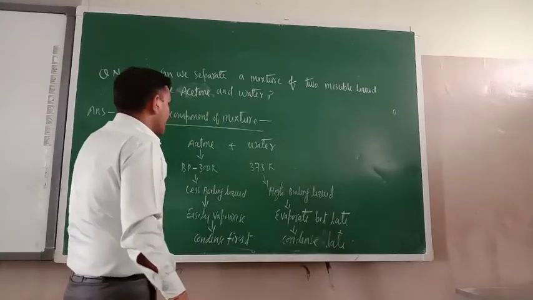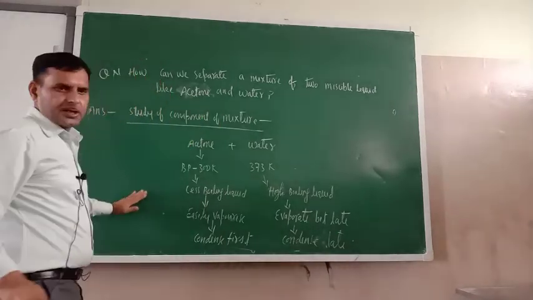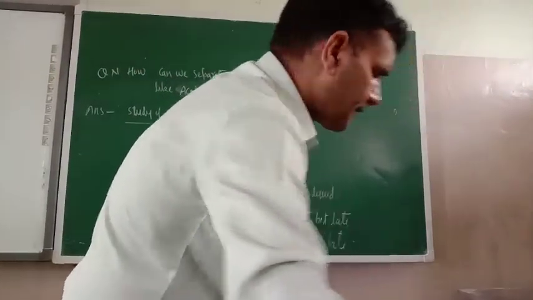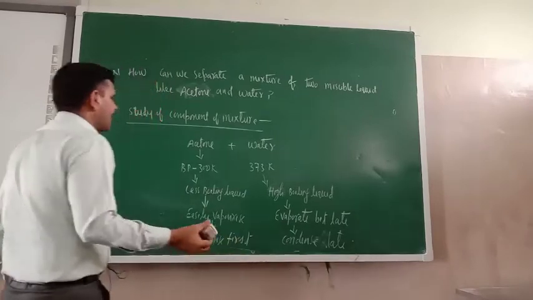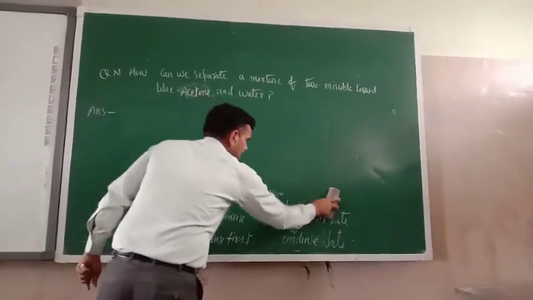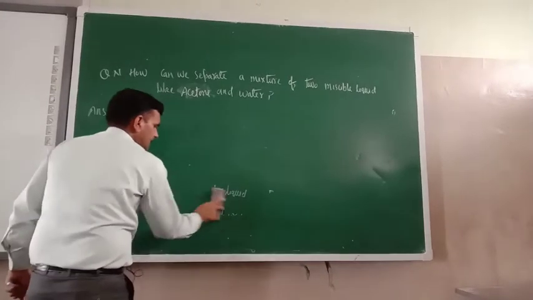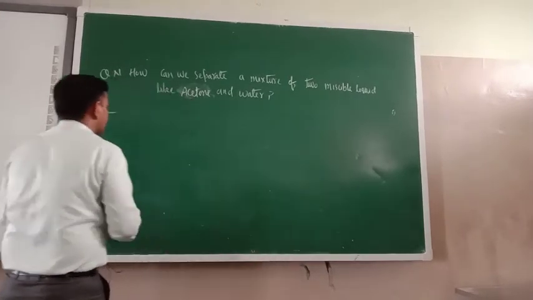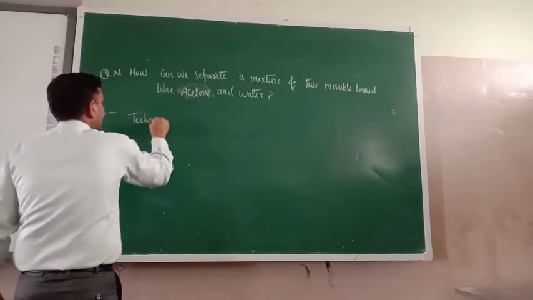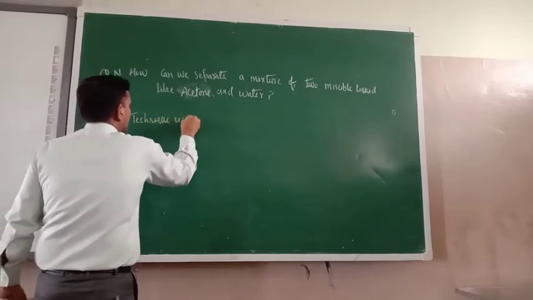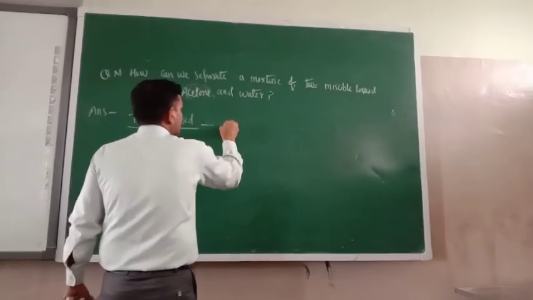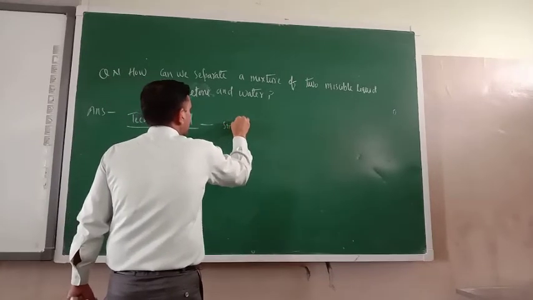So now we have studied the component of mixture, and on the basis of component of mixture we have to adopt a technique. So which technique will you use here? The technique which you are going to use here is simple distillation. Technique used: write simple distillation.